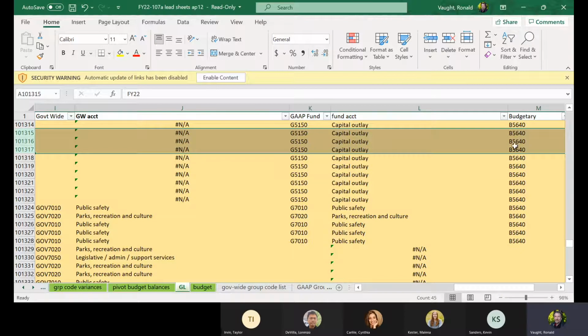So why do they have a budgetary group code? It makes absolutely no sense, because we aren't implementing GASB 87 in the budgetary basis. So why are we recording capital outlay for the right of use asset?